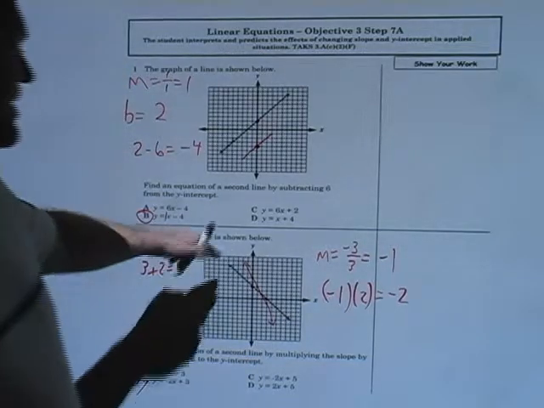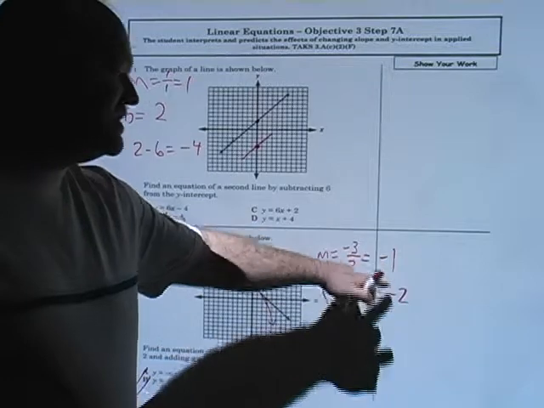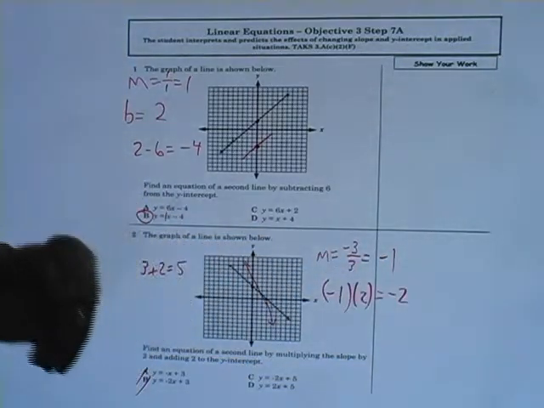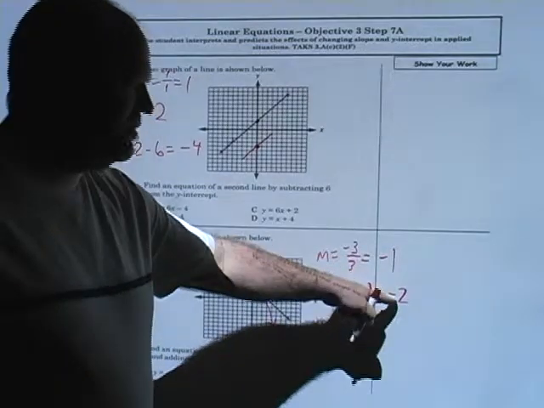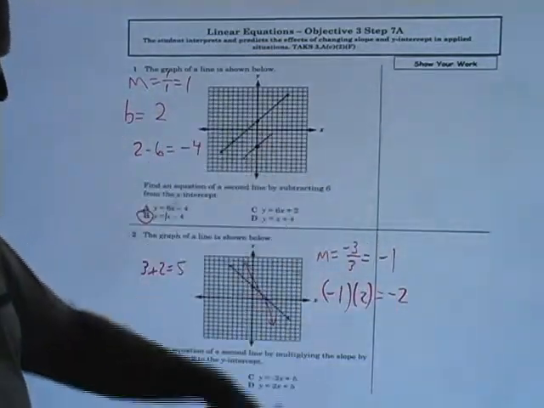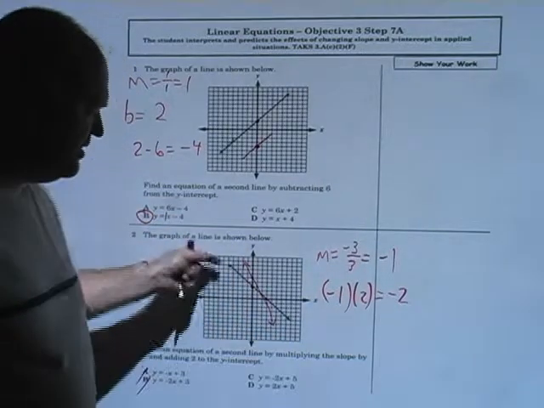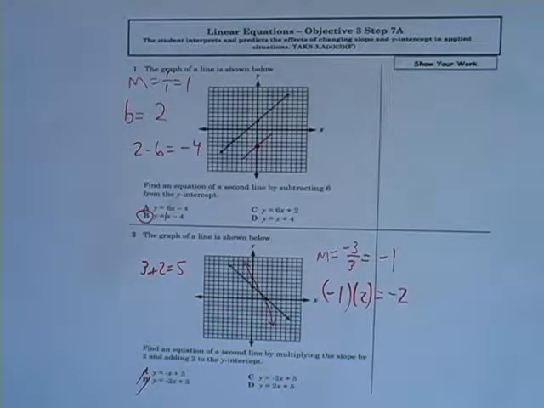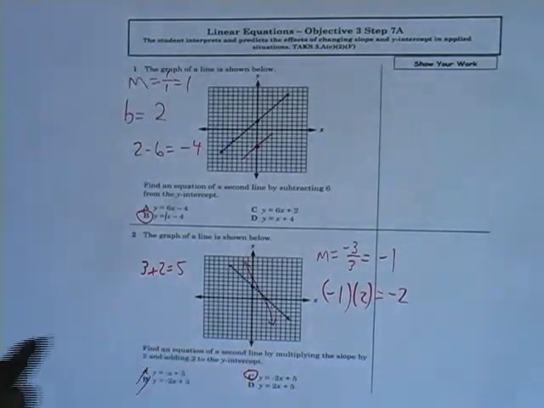Notice when the numbers get larger in the slope, we had a -1 slope here, -2 slope here, that when the absolute value gets larger, your line gets steeper. Okay? That's a slope of -2. That's a slope of -1. So the answer is C.